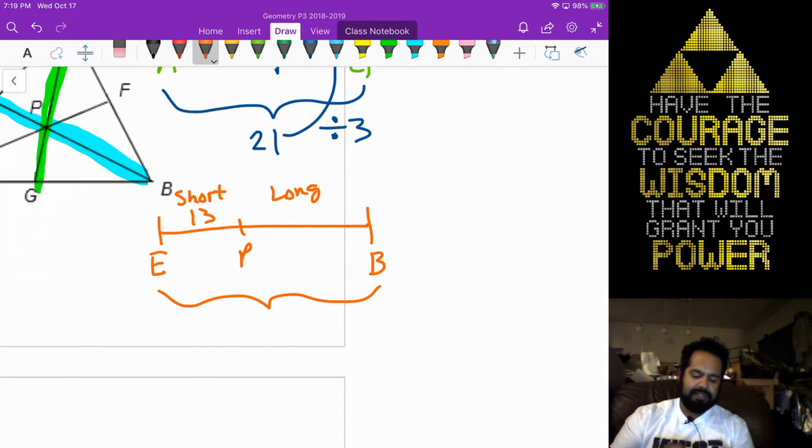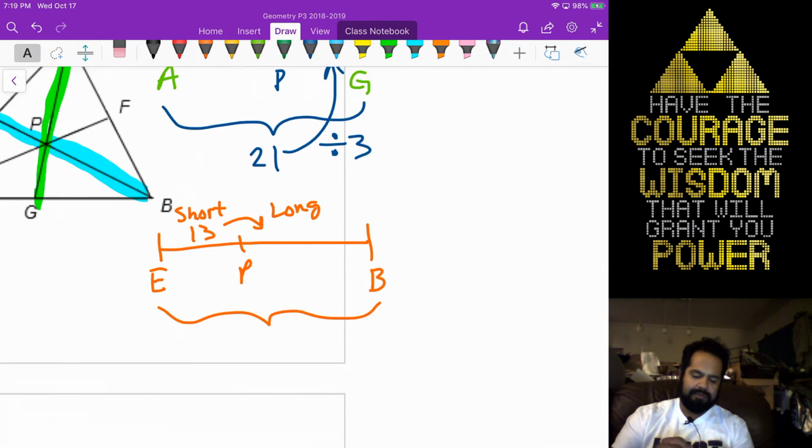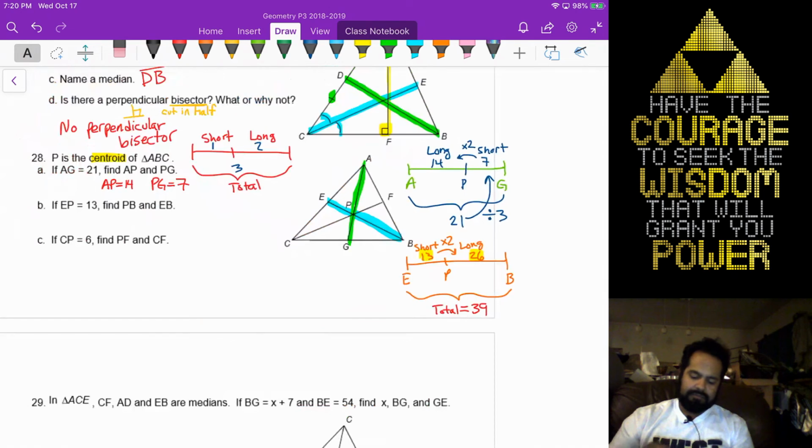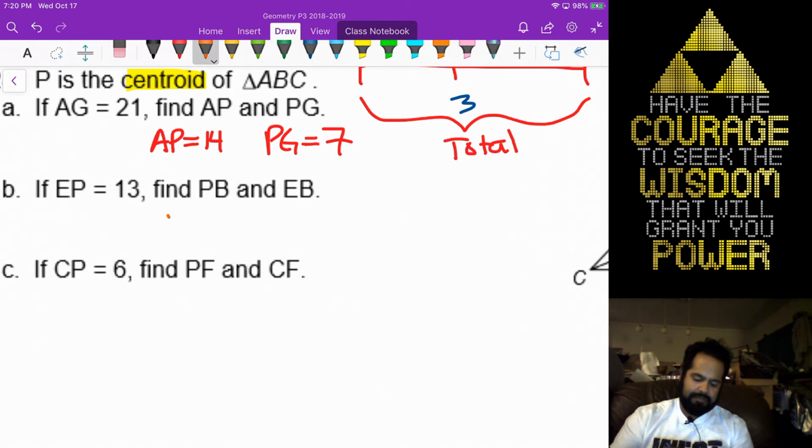Well, going from short to long, we're going to go ahead and double it, just like we did before. So 13 times 2 gives us a nice 26. Now my total is just going to be 13 plus 26. So that's going to be 39. So we're going to go ahead and write that in there. So PB equals 26, EB equals 39.